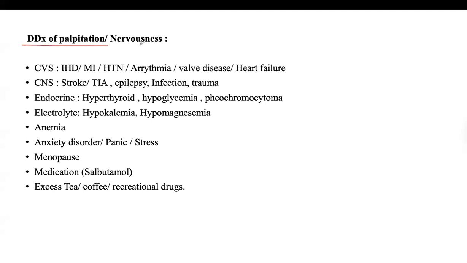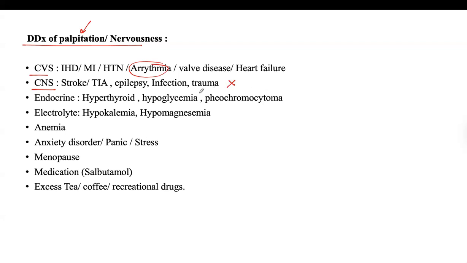So what are the differential diagnoses of palpitation? Number 1 and most important is cardiovascular disease: ischemic heart disease, myocardial infarction, hypertension, any arrhythmia, which is the most important, valvular heart disease, or even a heart failure patient can come to us with palpitation. Then CNS causes. CNS causes of palpitation are not that important.